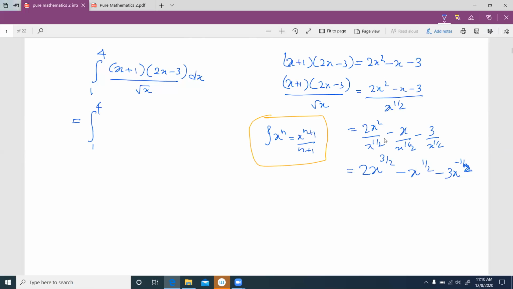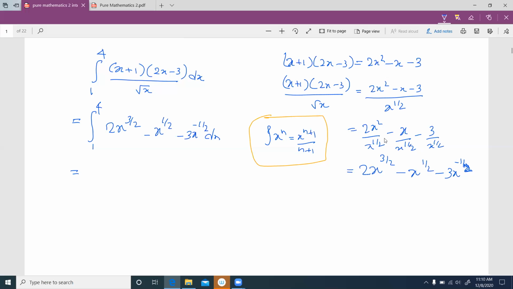1 to 4, this is 2x to the power 3 over 2 minus x to the power 1 over 2 minus 3x to the power minus 1 over 2 dx. Writing the dx is a factor to mention that we are integrating the x terms in this integration.